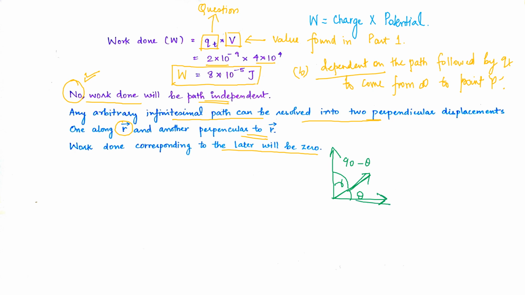Now this is defined as R cos theta, and this is defined as R sin theta. Most of the time this perpendicular displacement component gets cancelled out.